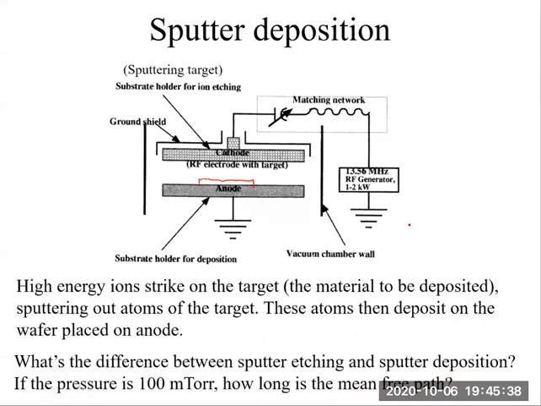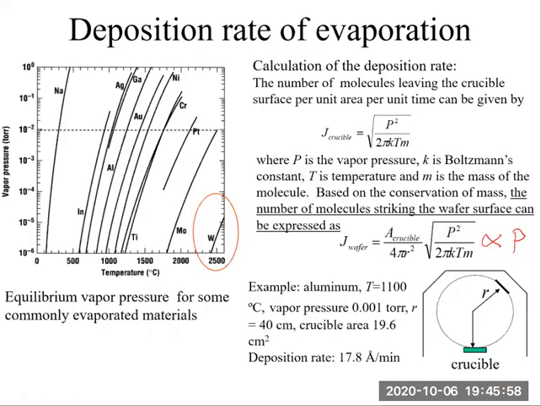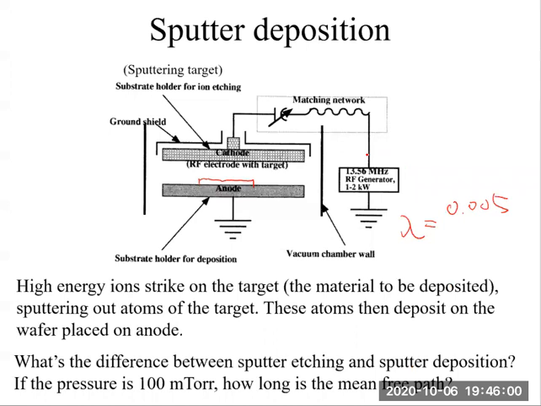Well, we just use the formula we used a moment ago. Let's double check. Lambda should be equal to 0.005 divided by pressure in torr. 1 millitorr is 0.001 torr, and the unit is centimeter.